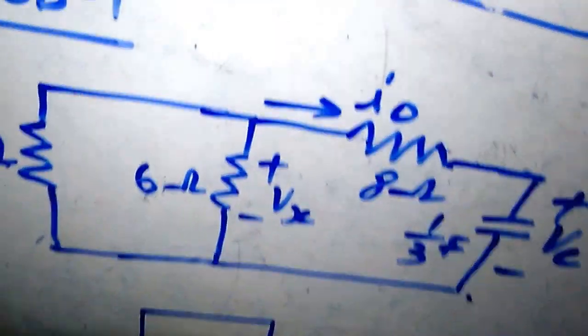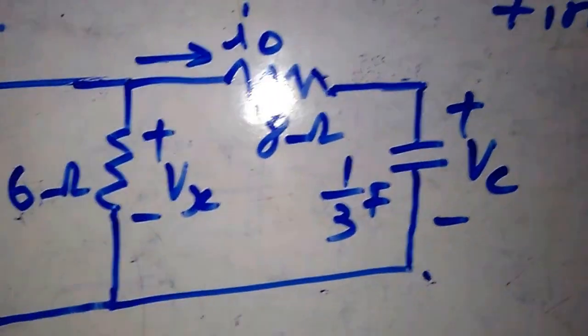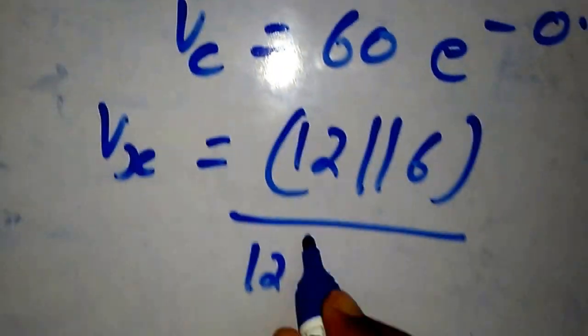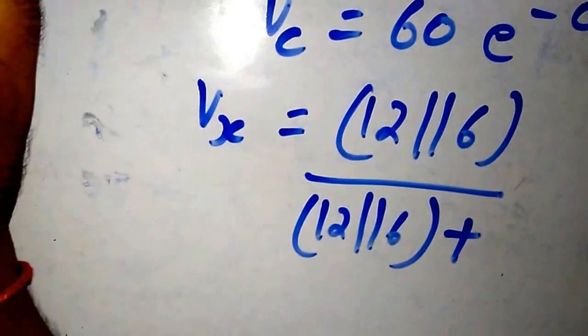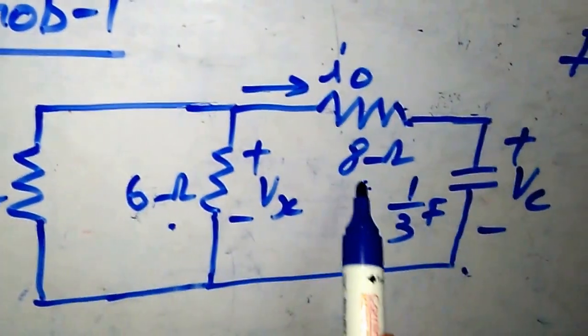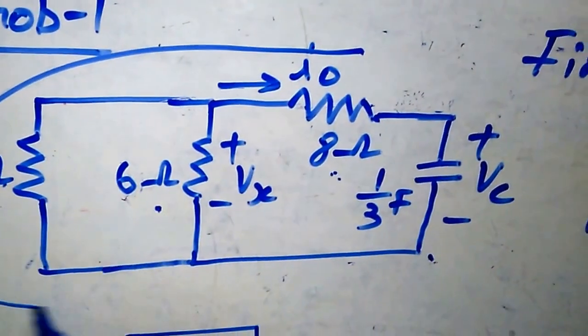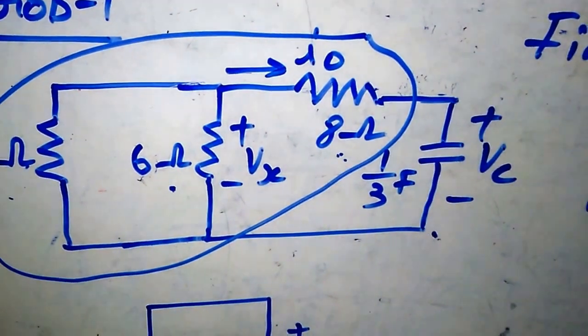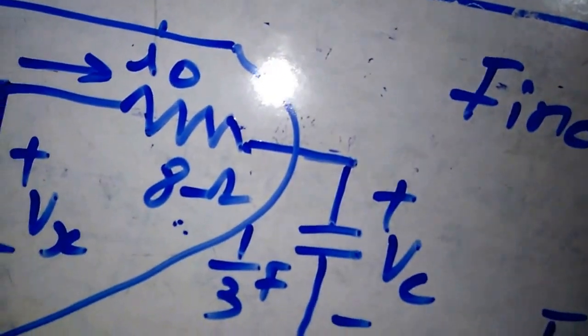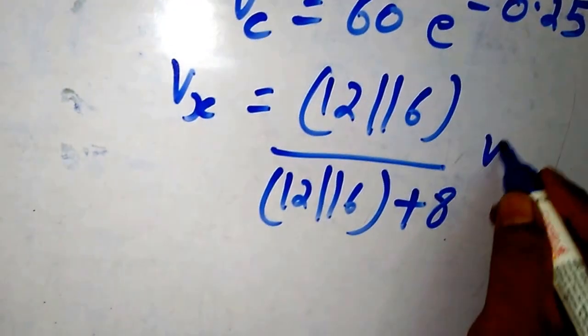If you consider this parallel combination, 12 parallel 6 by 12 parallel 6 plus 8 ohms, because 12 parallel 6 in series with 8, this entire thing forms a potential divider, into Vc, because if you refer to the circuit at this node, the voltage is Vc.